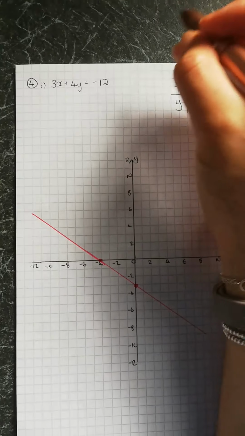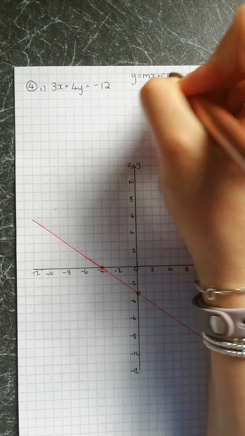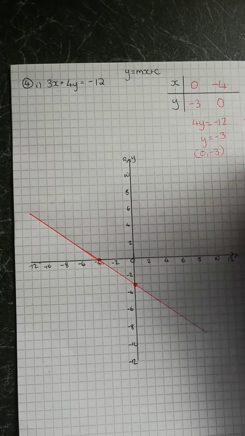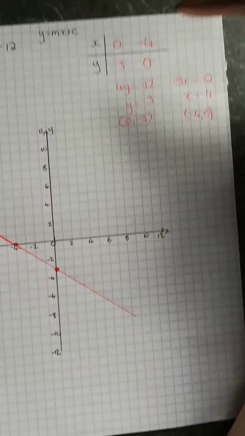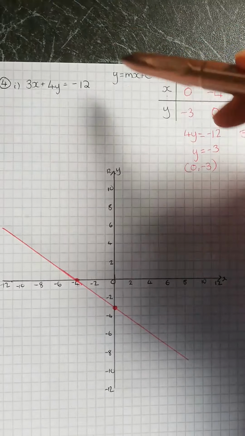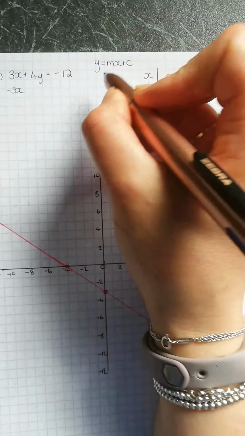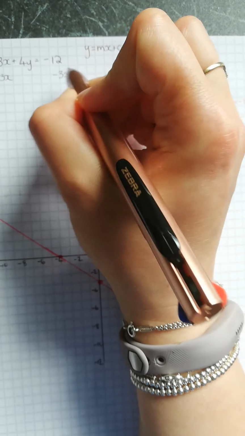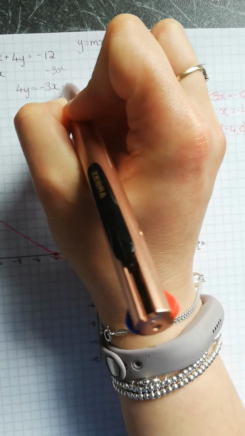So I'm kind of giving you two options each time. We looked at in the last example one where y equals mx plus c. If you want, and this requires a little bit of extra work, so this might be easier at this stage for you, and that's fine. But if you want, you can rearrange this. So if we took away the 3x from both sides, we would have 4y equals minus 3x minus 12.